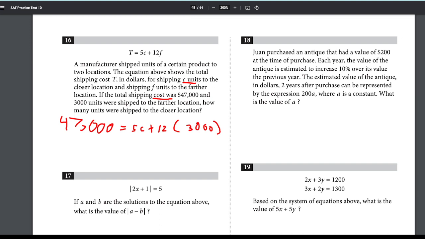So let's see, this is going to become 47, and this is 36, so minus 36. If you do 47,000 minus 36,000, then we'll get 11 and 3 zeros, right? So 11 and 3 zeros, and then divide this by 5.